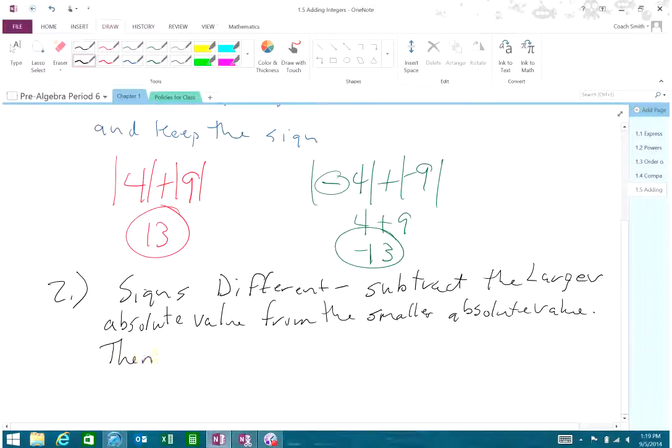Then keep the sign of the larger absolute value.